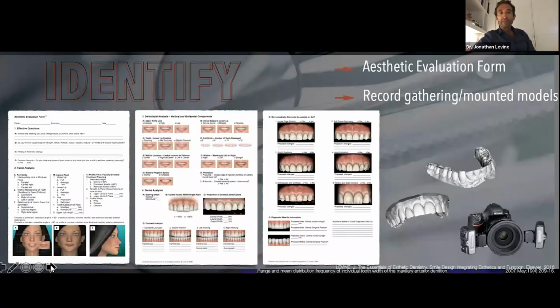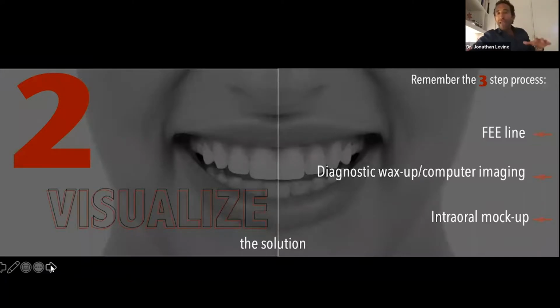Great. So let me keep going. Now that we've gathered the information, we know where the gingival margin is, we know where the incisal edge is going to be, so we know what the tooth is going to be. Let's say it's going to be 10.5 millimeters. It's a high smile line. You don't want to go more than 10.5 millimeters. We're thinking to ourselves, okay, how are we going to visualize? And now the fun begins, because we've established the length.